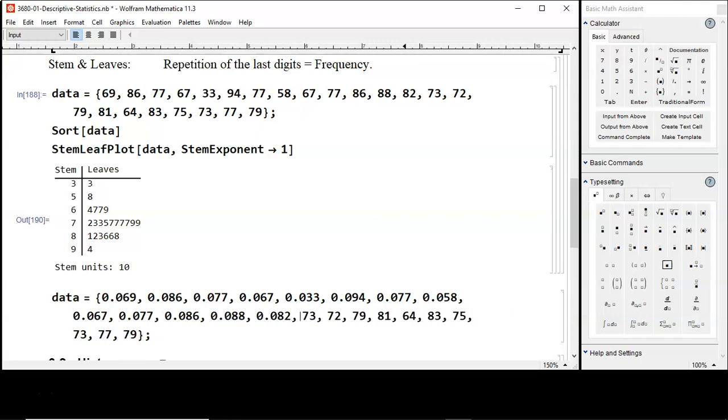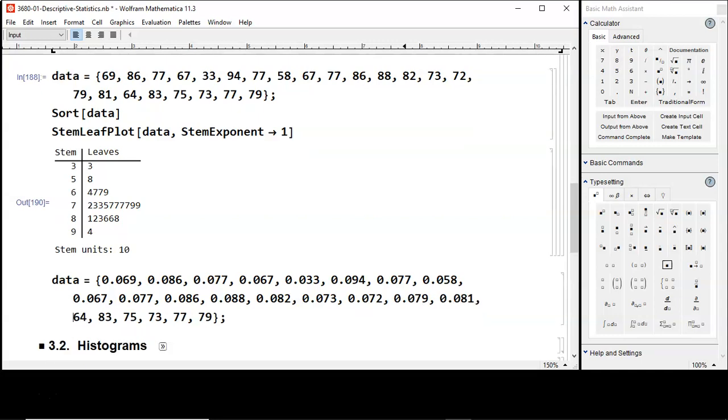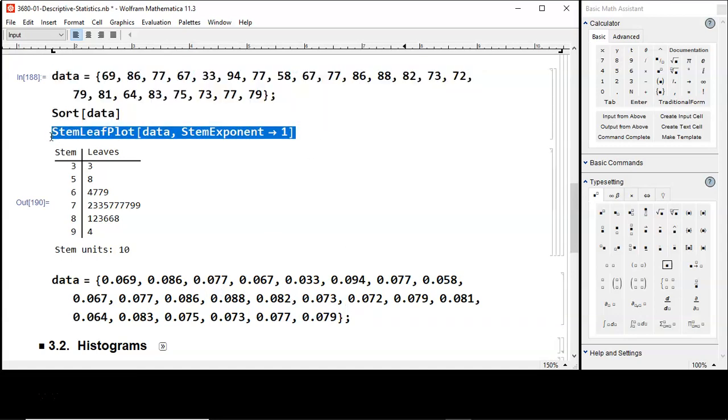So the distribution itself will not change, but everything will become a little bit smaller in terms of the position of decimal digits. Bear with me, just one more. Okay, we have a new data set. And then let's go to the stem and leaf plot command in Mathematica.